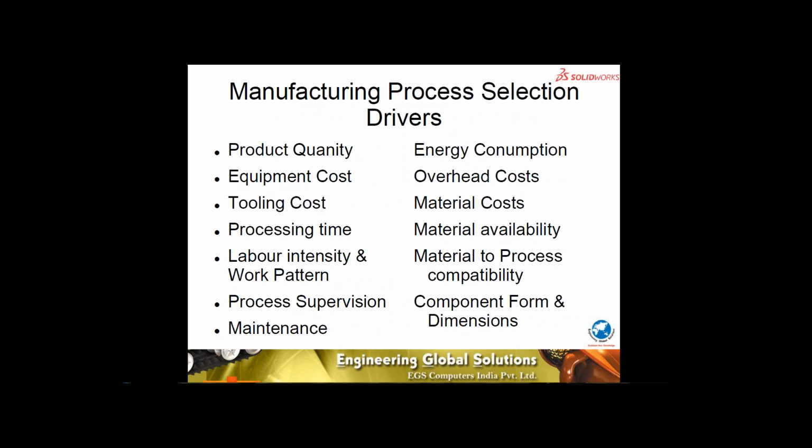So the manufacturing process selection drivers start with the product quantity that needs to be delivered: low volume production, medium volume production, high volume production, or one of a kind production.